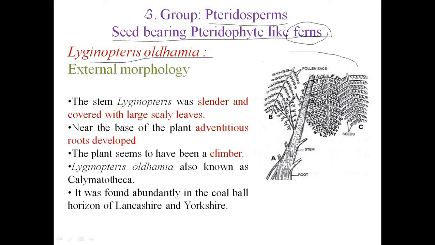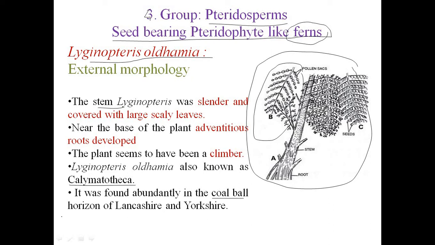Here the diagram is given to you, in which you can observe the stem is slender, covered with large scaly leaves, and these are the pollen-bearing organs you can observe. This was previously known as Calamitales and found abundantly in the coal measure horizon of Lancashire as well as Yorkshire.